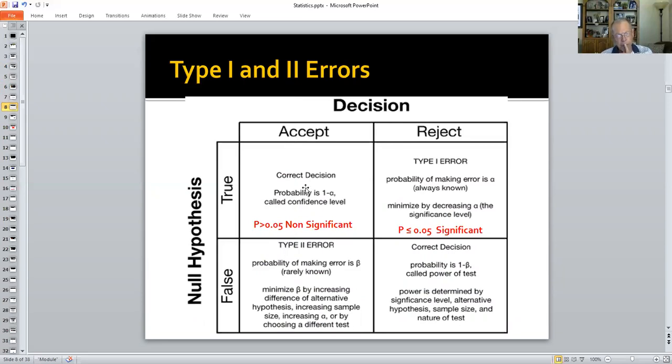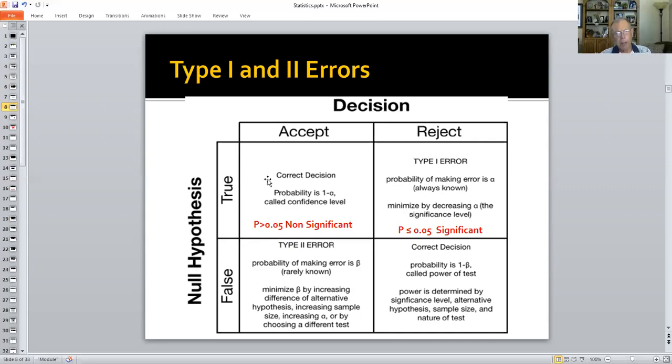Now, if our probability is greater than 0.05, say it's 0.09, we would not reject it. So our decision is the null hypothesis is true. And of course, ultimately, the alternate hypothesis is not true. But remember, we're always working with the null hypothesis. That is what we're testing for.